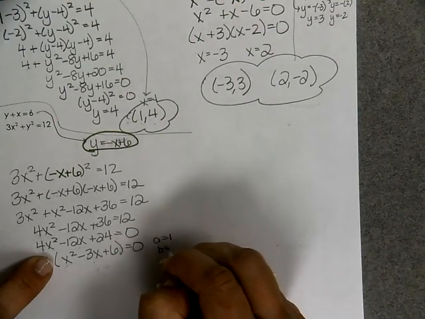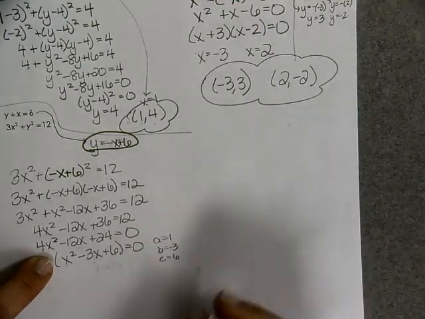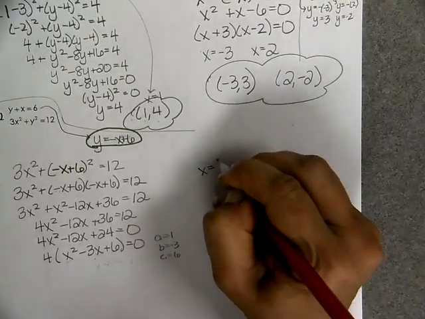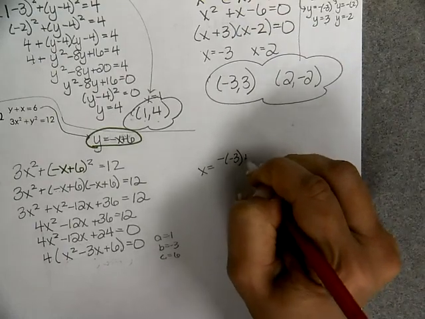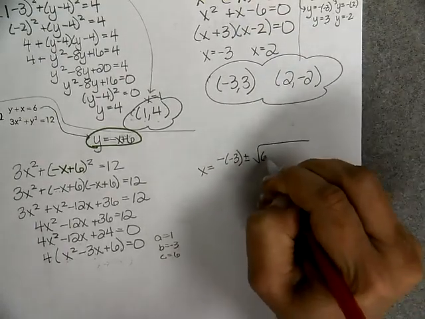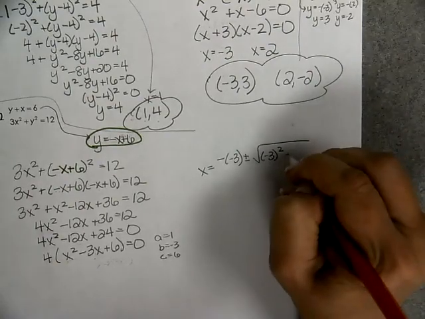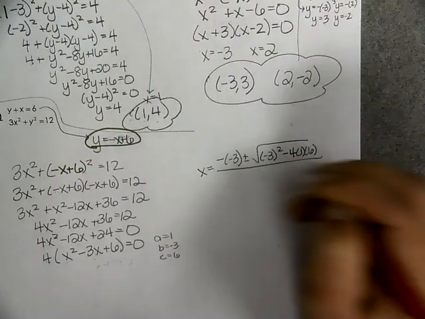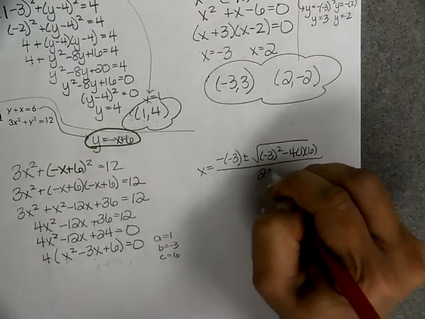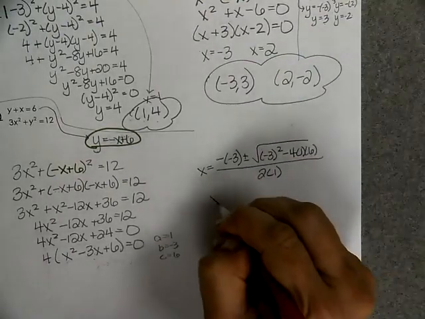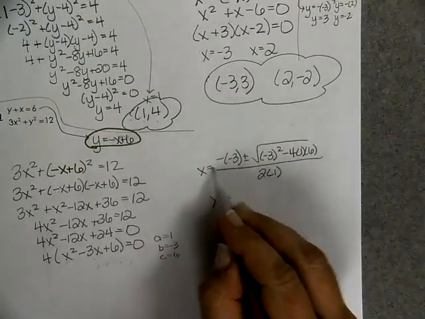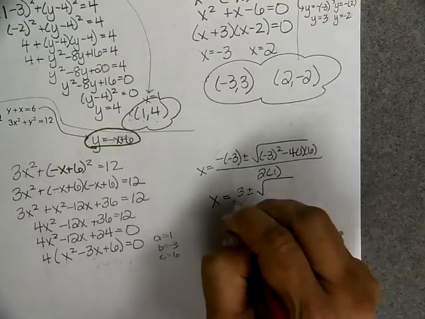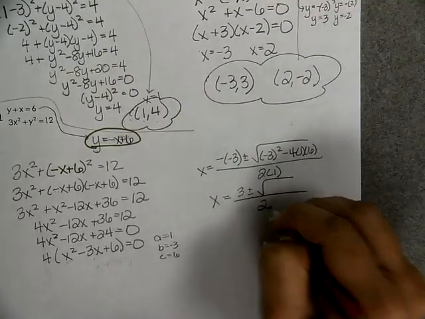A is 1, B is -3, C is 6. Okay? So we have x equals the opposite of -3 plus or minus the square root of b squared, so -3 squared, minus 4ac, so 4 times 1 times 6, all over 2a. So let's see what we get. We can clean this up. That's easy. The opposite of -3 is 3. 2 times 1 down here is 2.